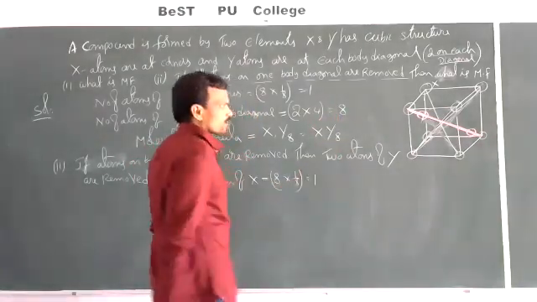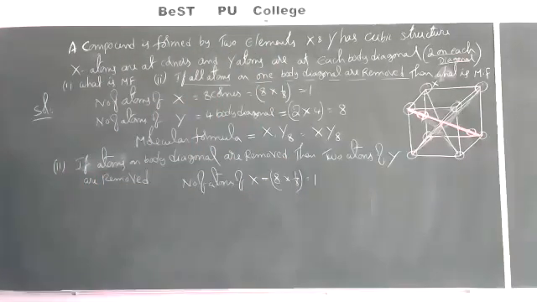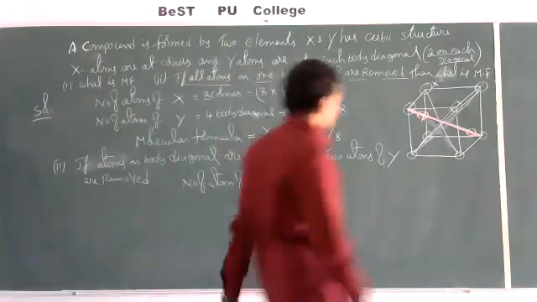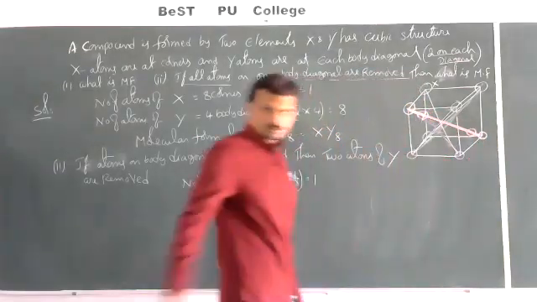No corner particle is, just a minute. Sorry, small mistake here. The body diagonal contains 2 corner particles also.